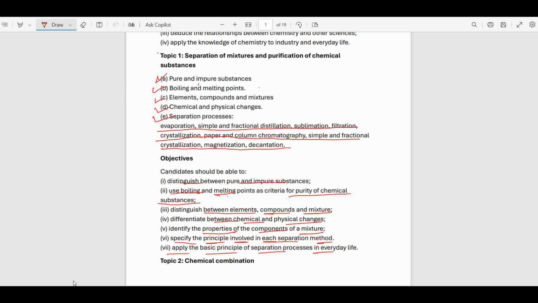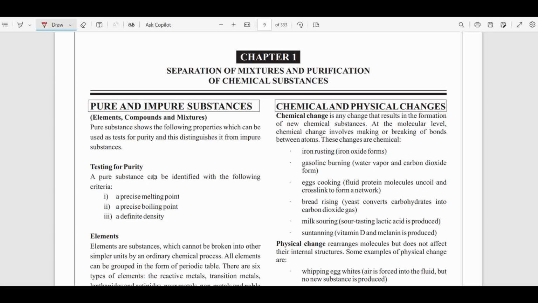All right, so we go back to the book that we're using for this preparation, which is Explicit Chemistry. So we begin by looking at what pure and impure substances are. Here we have the very first topic, pure and impure substances.